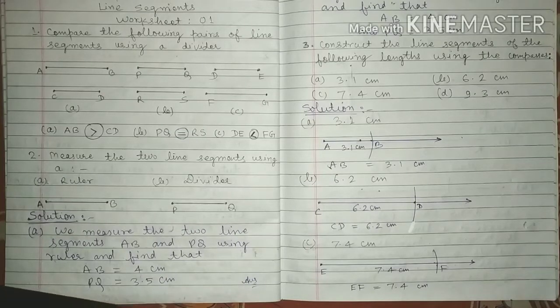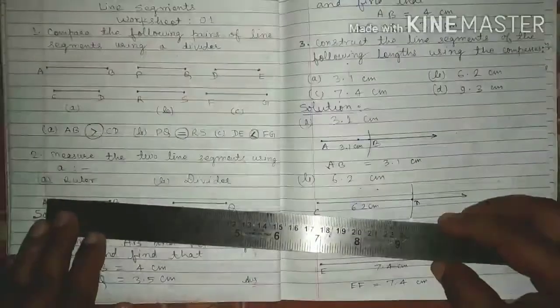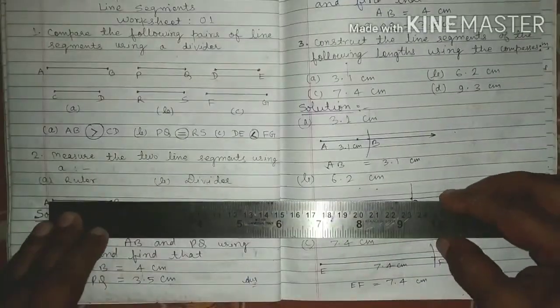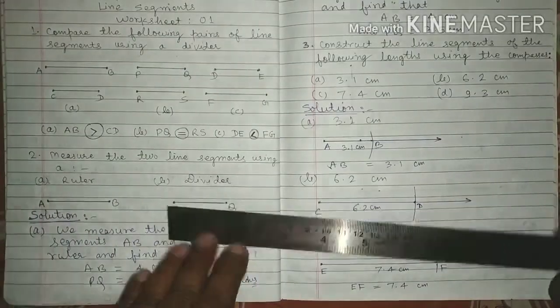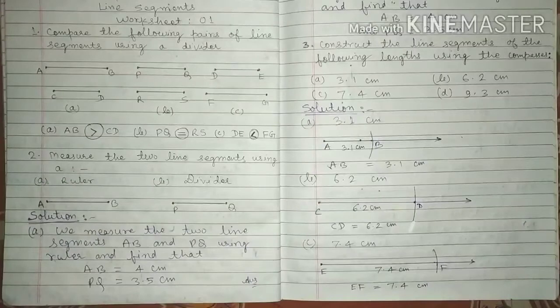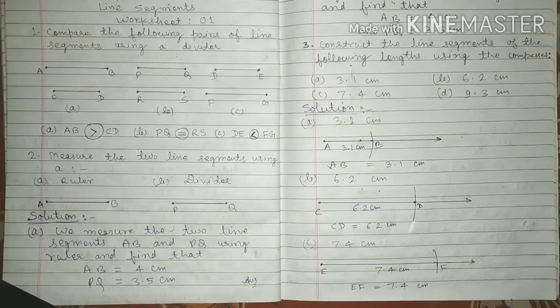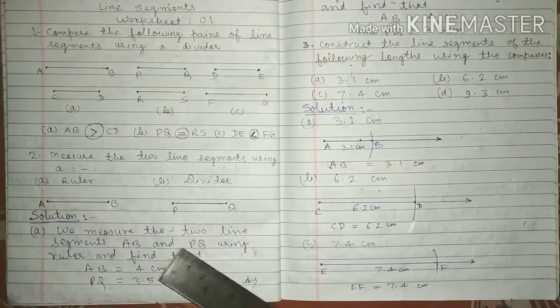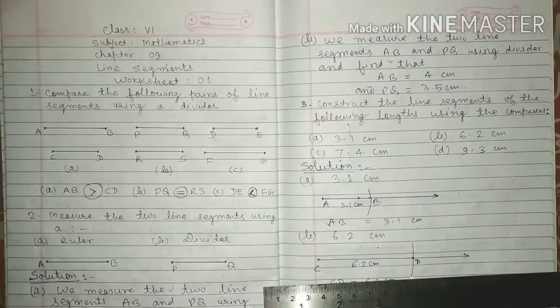So question number A, we see AB with the help of a ruler. We measure it, it is equal to 4 centimeter, and we measure PQ, it is 3.5 centimeter. With the help of this ruler, the line segment AB is equal to 4 centimeter and the line segment PQ is equal to 3.5 centimeter.